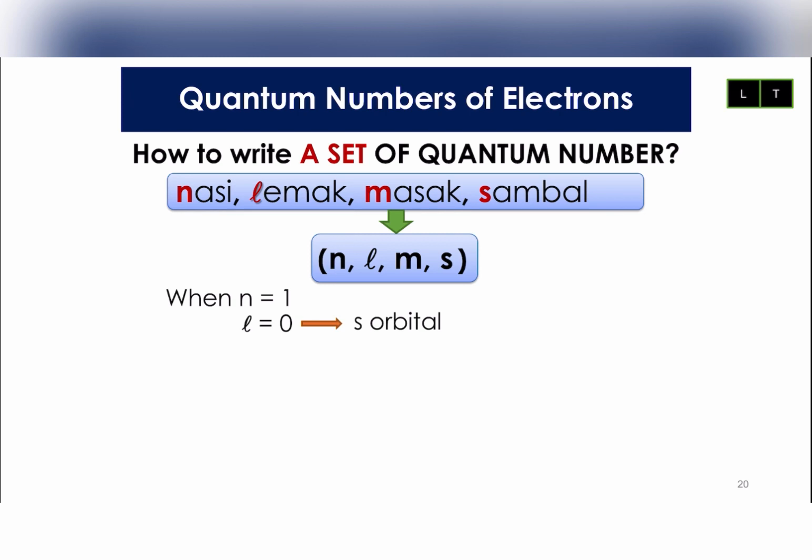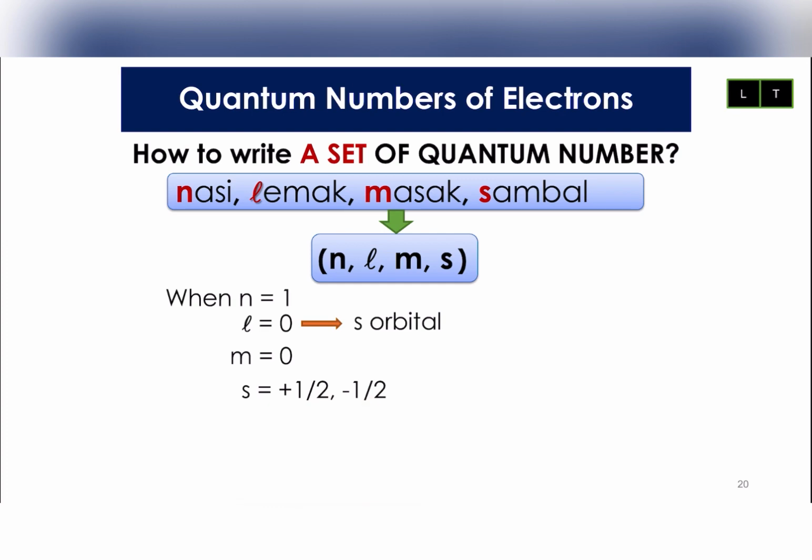The s orbital can only have one orientation for m, which is 0, because you shouldn't put positive 0 or negative 0, just 0. That's why there is only one orientation for the magnetic quantum number. Next, the last quantum number, electron spin, can be in 2 different directions, so you have positive half and negative half.